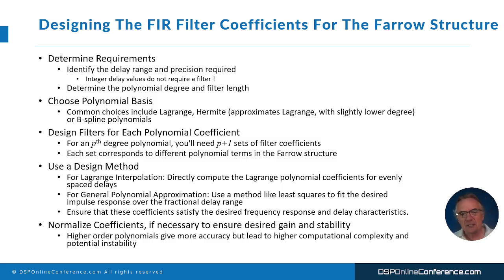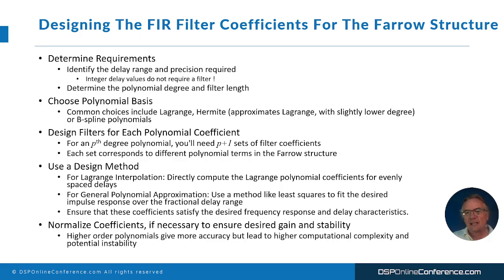Some of the coefficient sets that I first tried when I was researching this a few years ago, some of the filter coefficient sets that I found on the internet, ended up with different delays of data and giving different gains to those data sets.